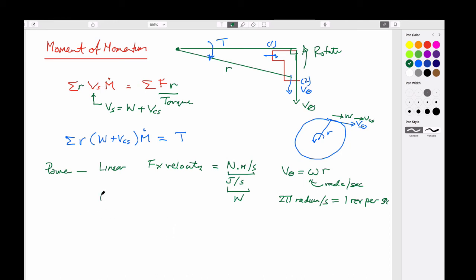Then rotationally, it's going to be equal to the torque times the rotation velocity. So torque is in units of Newton meters, right? Force times length times radians, which has no units, per second. So Newton meters per second is exactly the same. So this is the same as watts.